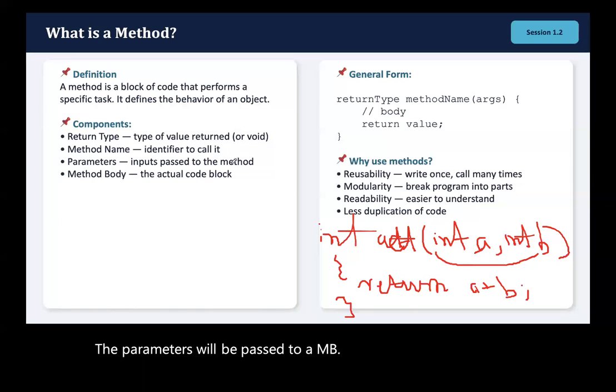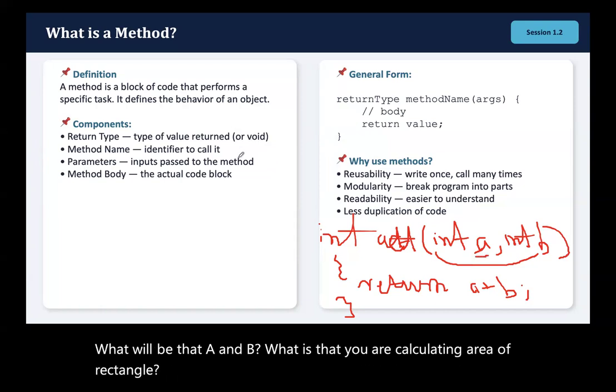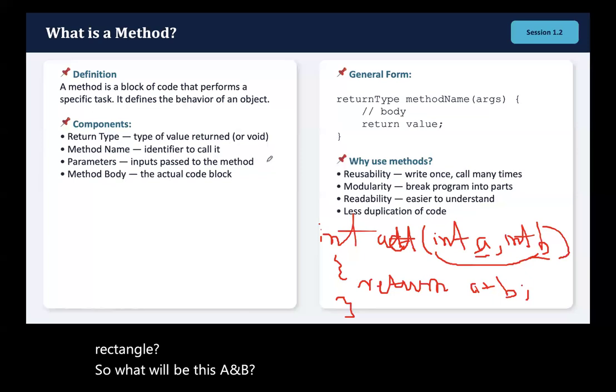What will be that a and b? You're calculating the area of a rectangle. What will be this a and b? The length and the width. Yes, the length and the width. So you will write l times b, or l times w, the area of a rectangle.